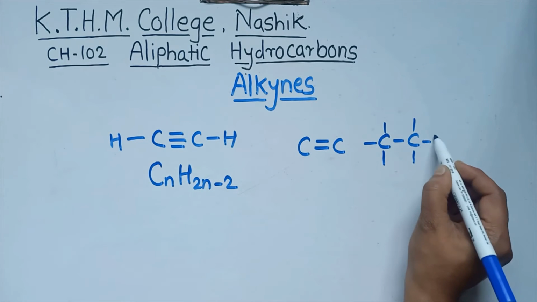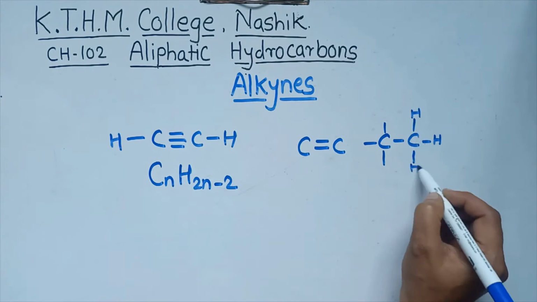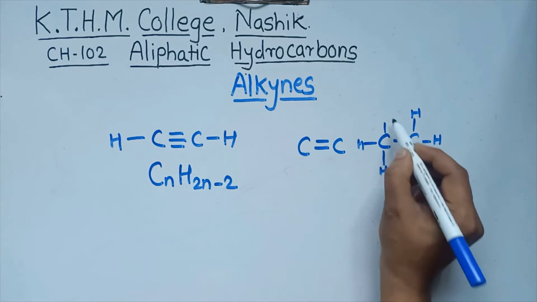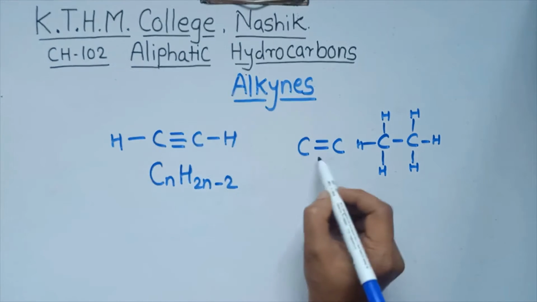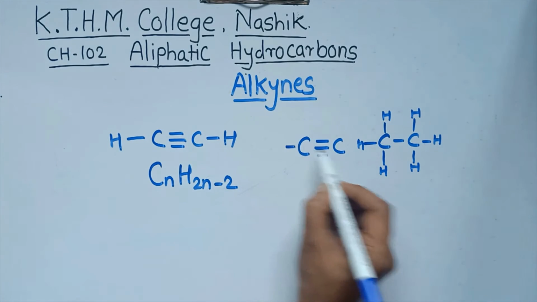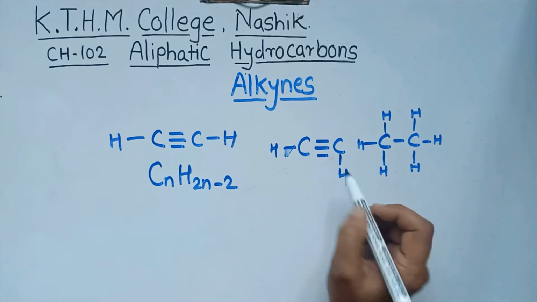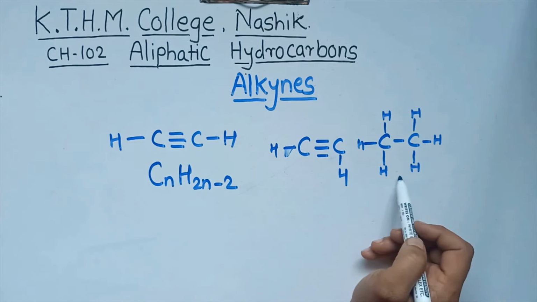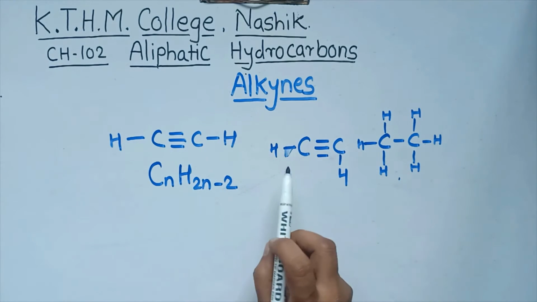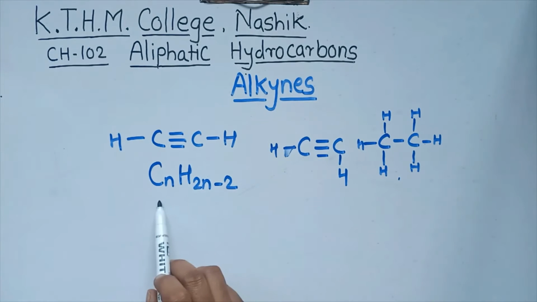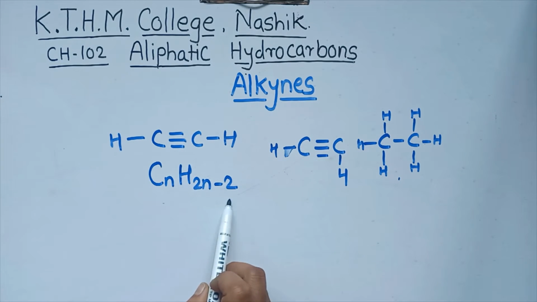Here, a total of 6 hydrogens are present in the alkane, while in the alkyne there are only 2 hydrogens present. So 4 hydrogens are less than the alkane. Hence the general formula for this is CnH2n minus 2.